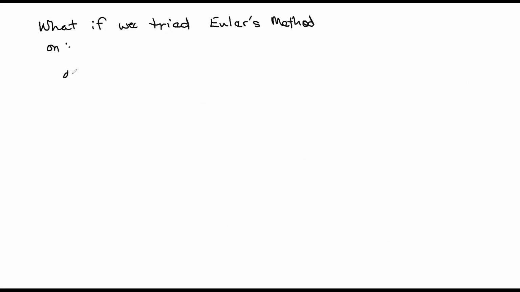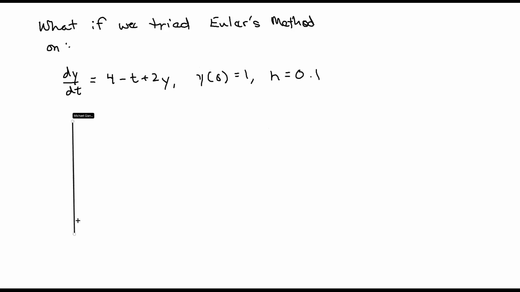So if we have dy/dt equals 4 minus t plus 2y, and we have y(0) equals 1, and h equals 0.1. What happens? I'll just show the actual solution in the table, and then we can talk about what the issues are.